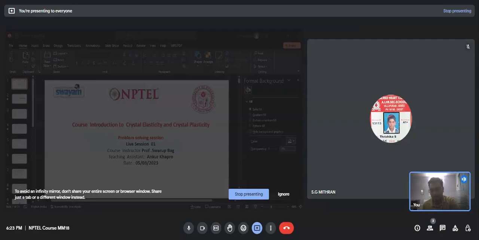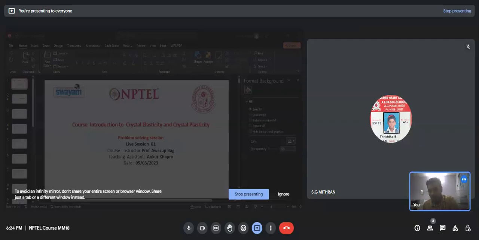Since this edge length we are taking as a, it will be calculated by the Pythagoras theorem, so it will be root 2a. So in this direction the linear density is 2 by root 2a.